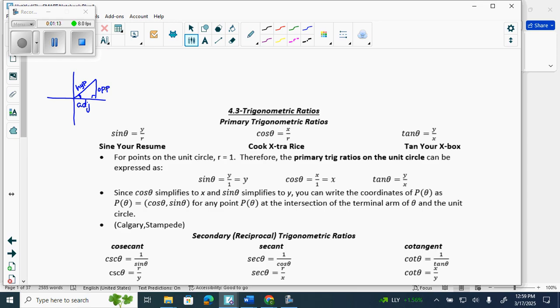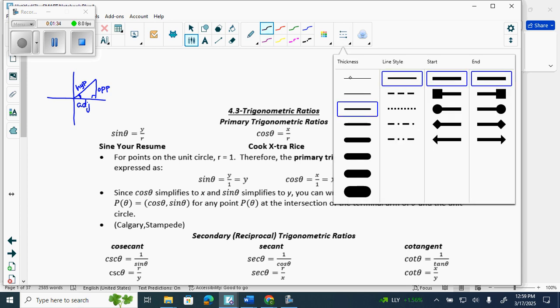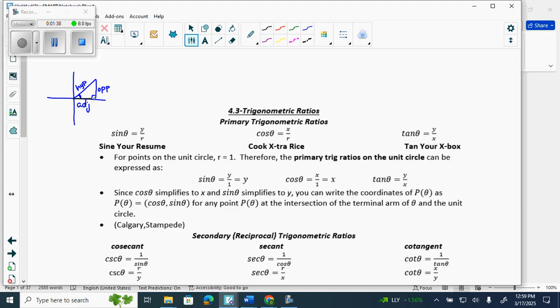We agree? So SOHCAHTOA works because you have random triangles that are placed anywhere on a page, and they're flipped in any order, any manner. For us, we will only look at triangles literally on the Cartesian plane. So if they're on the Cartesian plane, instead of saying adjacent, what value is this?